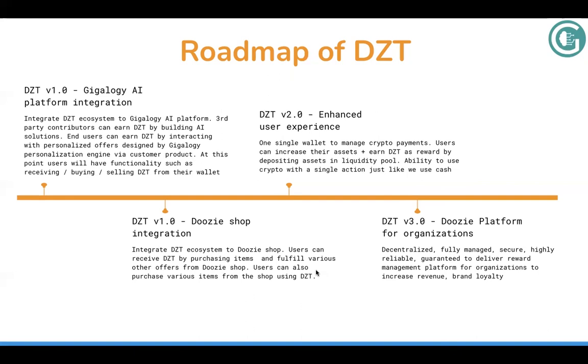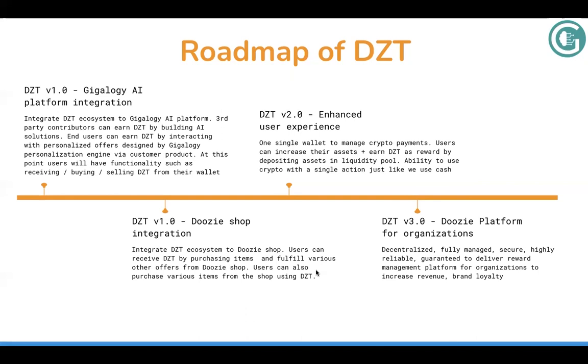So maybe after this, someone might ask me, how do I verify that, or how do I guarantee that there will be no more Doozie token later? Actually, a good thing about Stellar Network is that you can actually guarantee people that there will be no more tokens in the future. And in order to do that, you have to lock the issuer account.